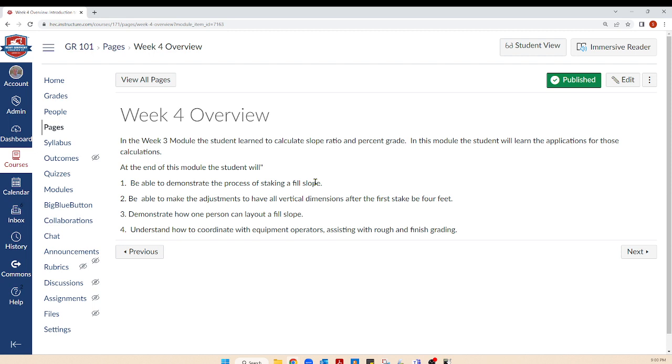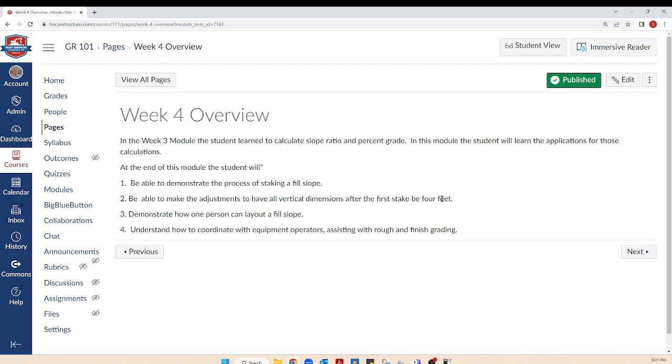I have an announcement up both in Introduction to Excavating and Introduction to Grades, talking about that. And so if you're having problems making those dates that I've assigned, which I believe is the 2nd, 3rd, and 4th of March for the in-person, for both Intro to Grading and Intro to Excavating.